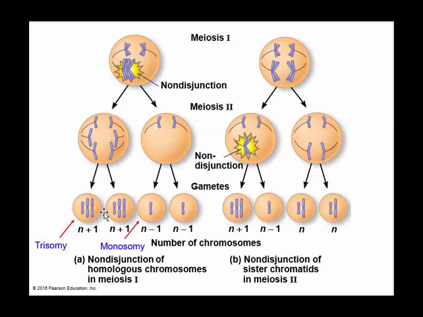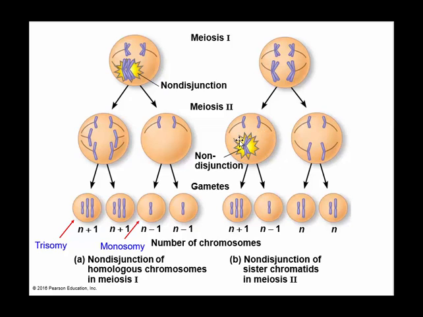We have a term for this: a trisomy, so you have 3 versions of a chromosome, or a monosomy, which is 1 version of a chromosome where you should have 2. Now remember, these are haploid, of course, they only have 1 copy of each, but these are missing a chromosome.